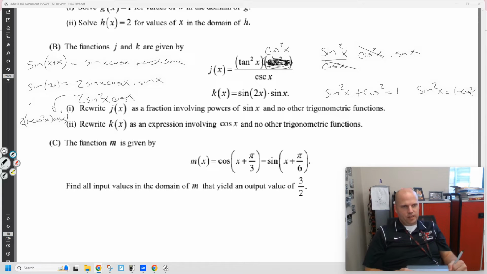And that's fine. Like, that's an expression involving cos x and no other trig functions. So if you wanted to simplify it, you could have 2 cos x minus 2 cos cubed x. But that's fine.